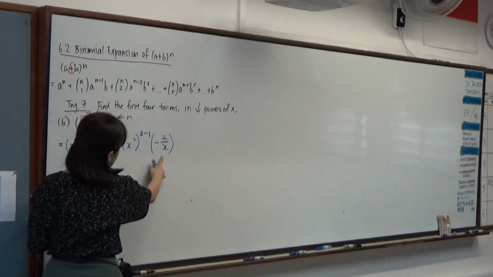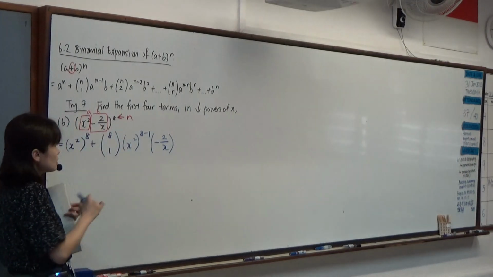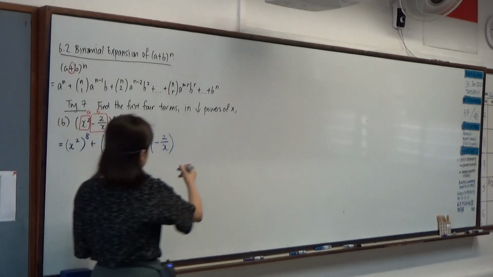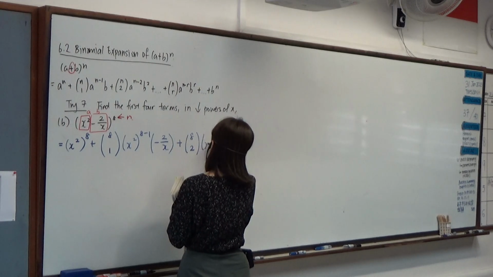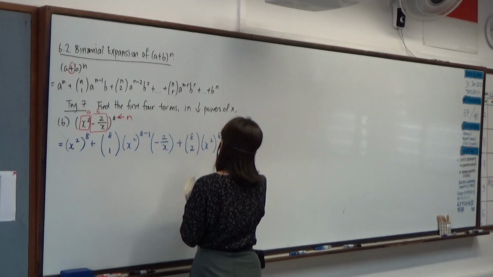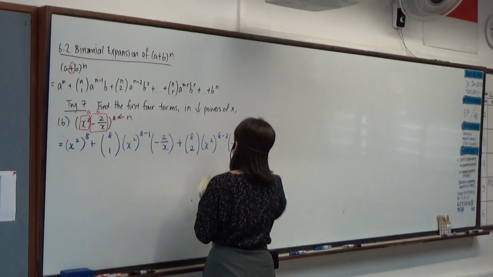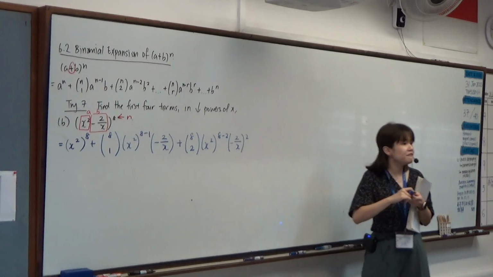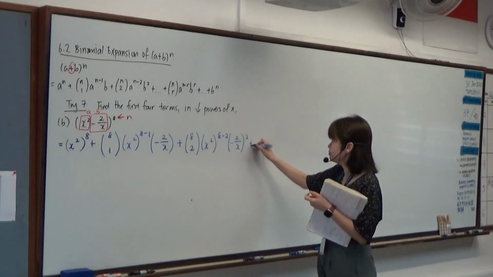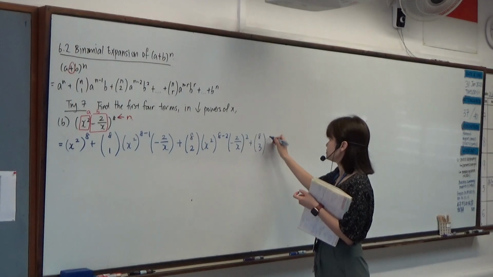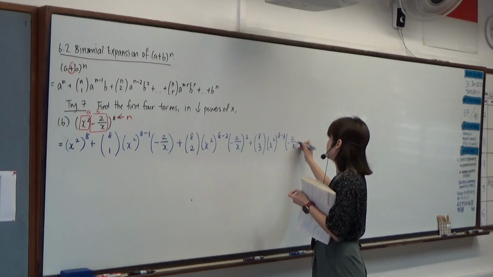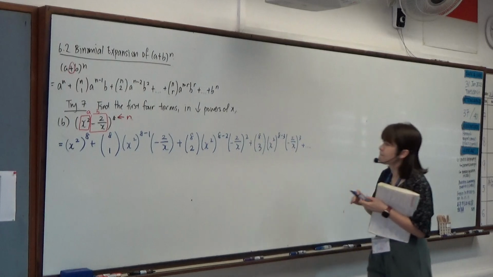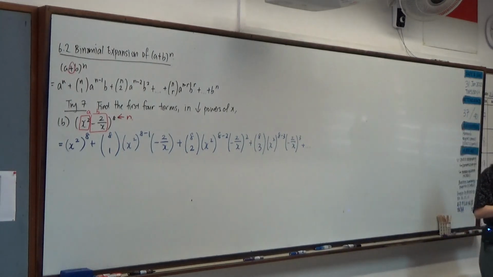This is the first one where it gets a little bit complicated. Do be very mindful about all the brackets. Then we continue. We have 8 choose 2, x squared to the power of 8 minus 2, negative 2 over x squared. We want first 4 terms, so this should continue up to 8 choose 3 and so on. Then we can leave it as plus dot dot dot.